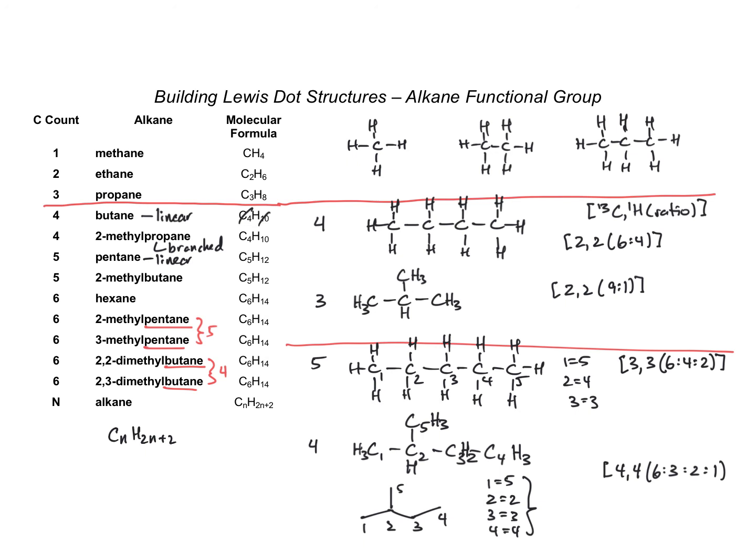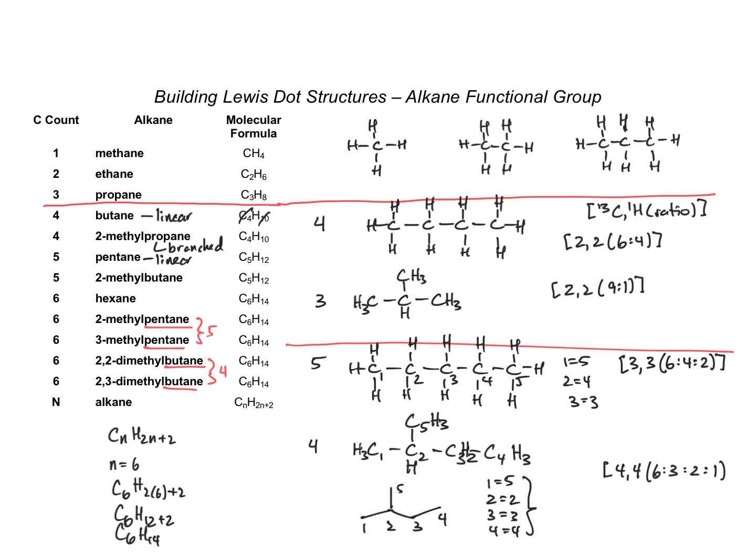For example, let's look at that hexane where n equals 6. We have C6, H2 times 6 plus 2. That's 12 plus 2. So that gets us C6H14. So that's where you see these numbers come from.